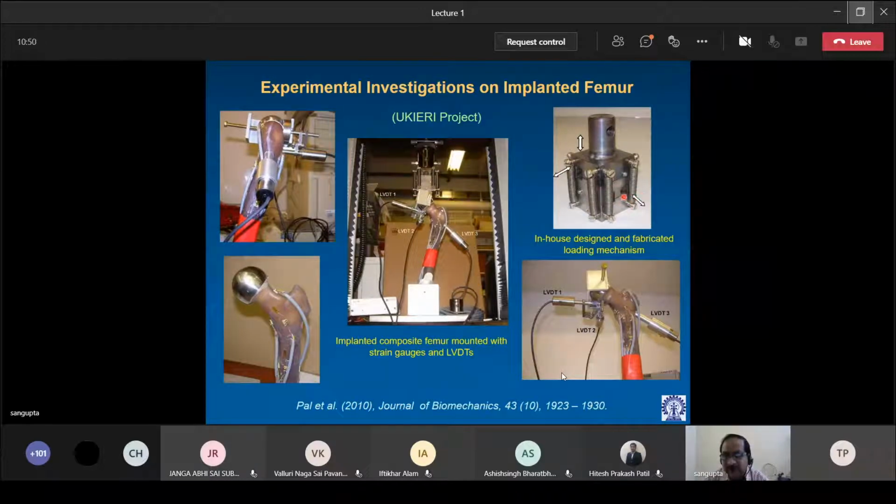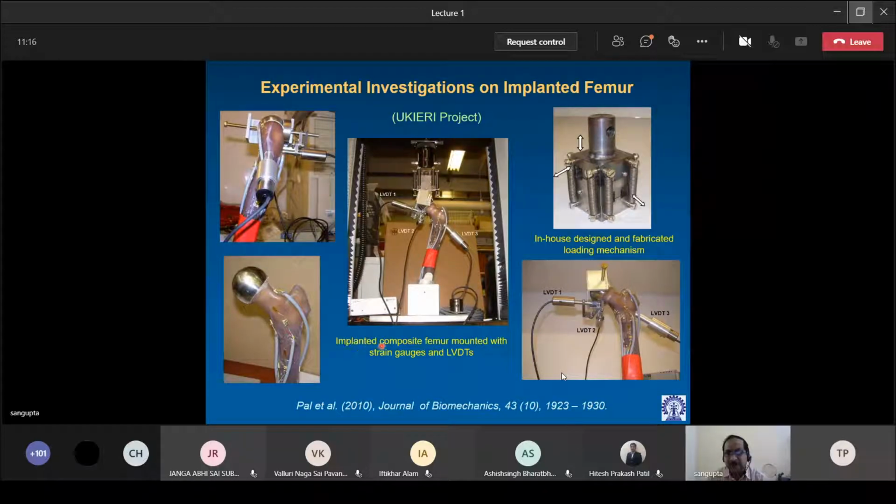Okay, so it has roller tapered bearings and things like that. So when we apply a load from above, it also takes into account the displacement of the acetabulum with respect to the femur. Okay, so this is also published in Journal of Biomechanics.